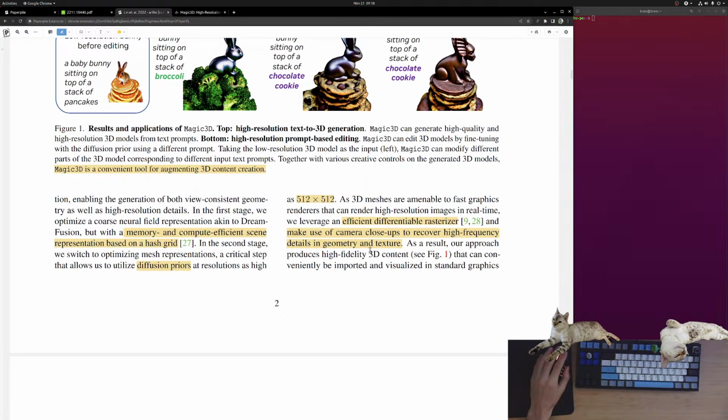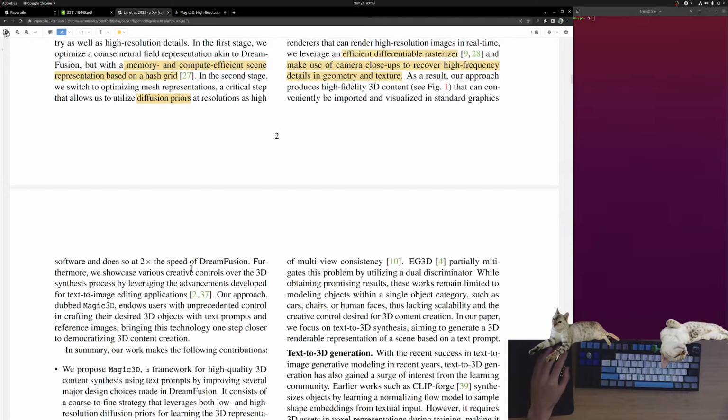Our approach produces high fidelity 3D content that can be conveniently imported and visualized in standard graphics software. Our approach, dubbed Magic3D, endows users with unprecedented control.